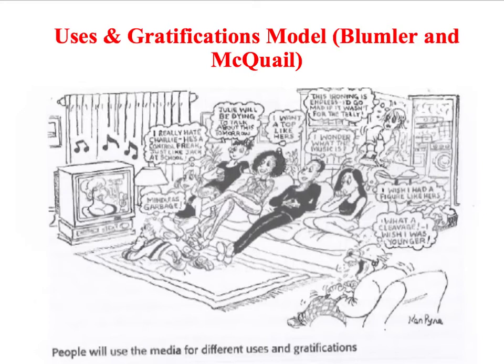So in the uses and gratifications model proposed by Blumler and McQuail, media audiences are active and use the media in various ways for their own various pleasures and interests, or to use the jargon, for their own gratifications.